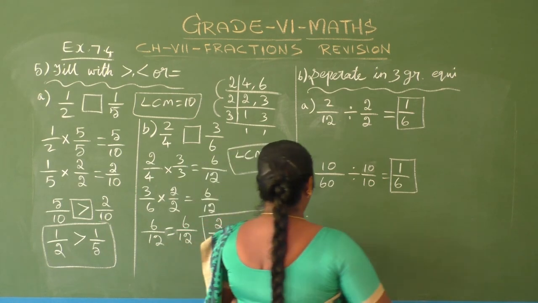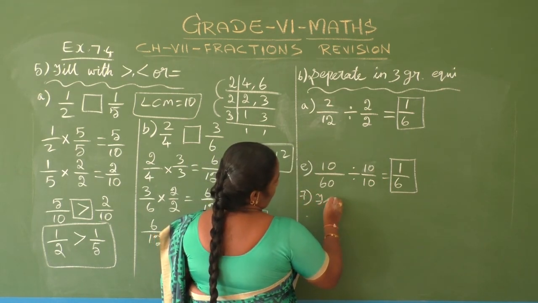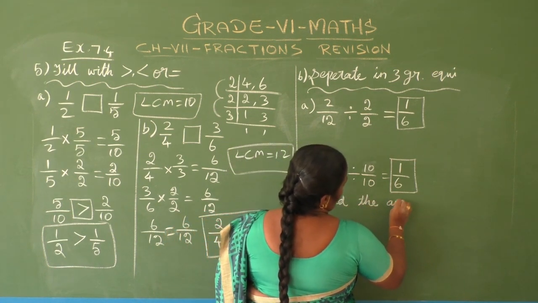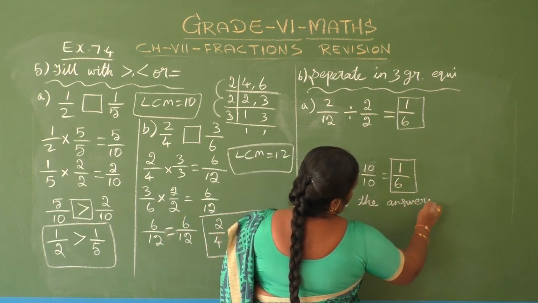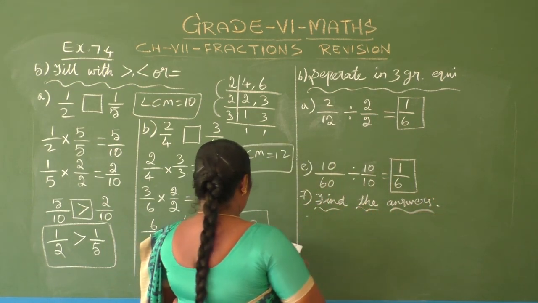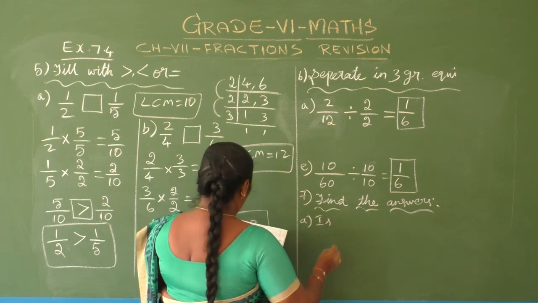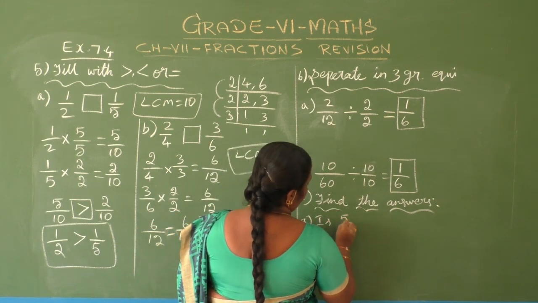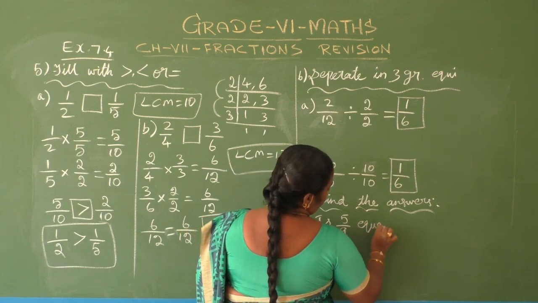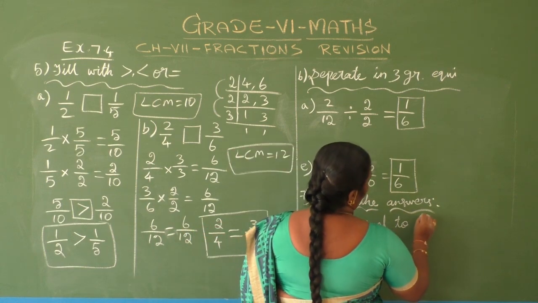7th Roman. Find the answers. First one, A sum: is 5 by 9 equal to 4 by 5?